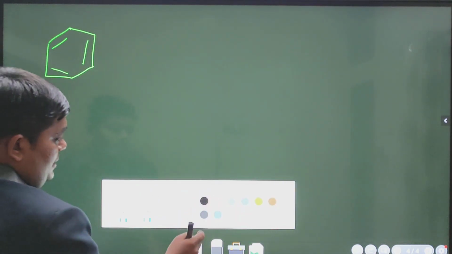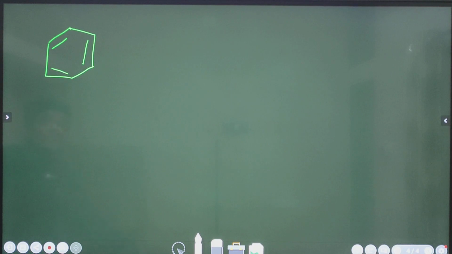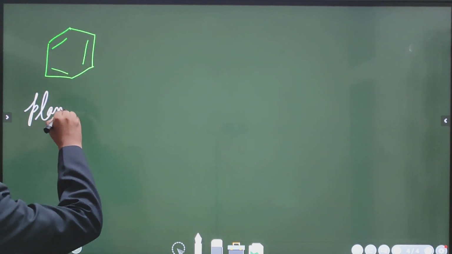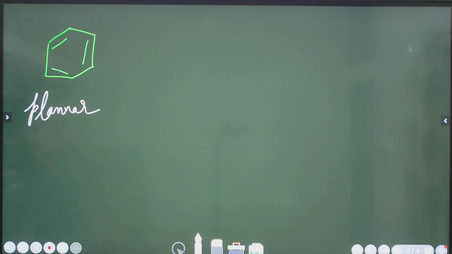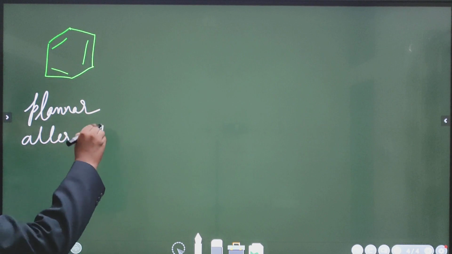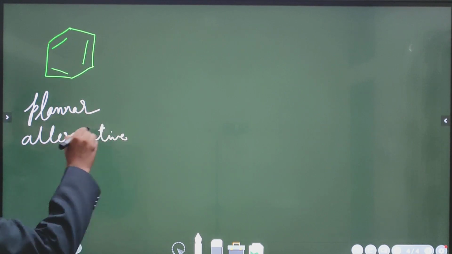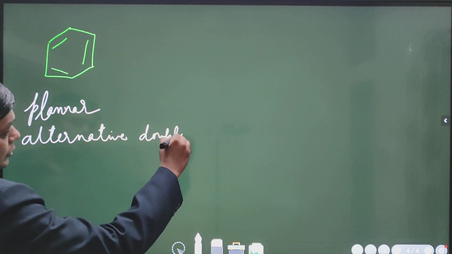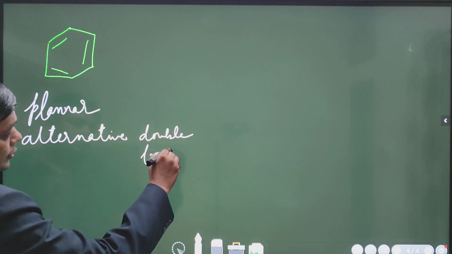The first and foremost structure that we always come across is this. Yes, your very own benzene. Benzene, as we all know from the theory itself, is planar. It has alternate double bonds.